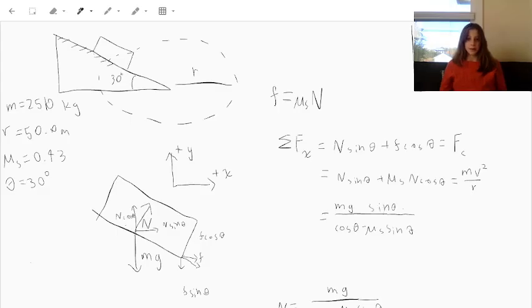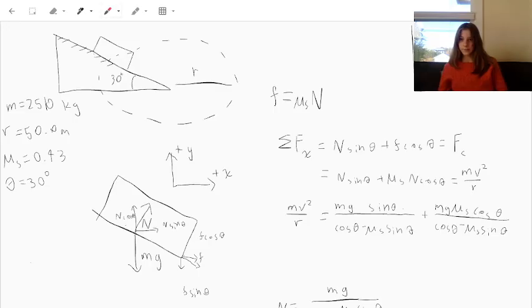Then we're adding this, so cosine theta minus mu s sine theta, this is n, times mu s cosine theta. Let me move this m v squared over r to this side.